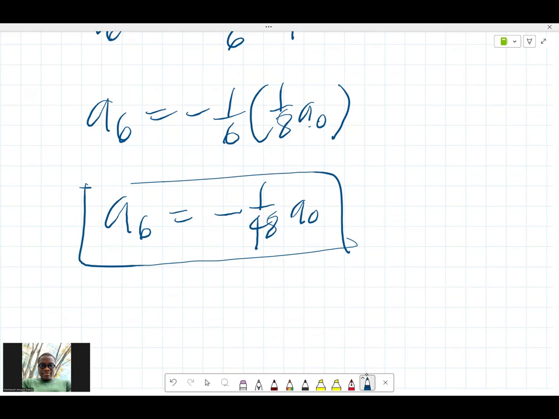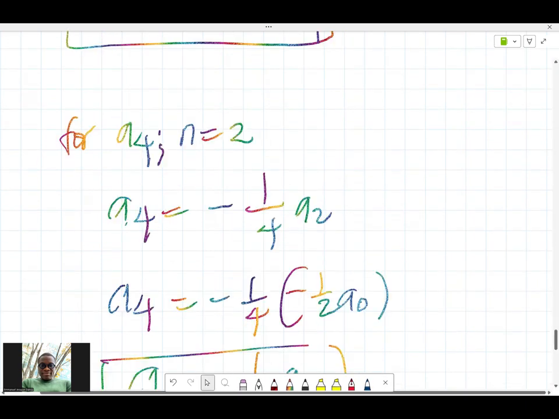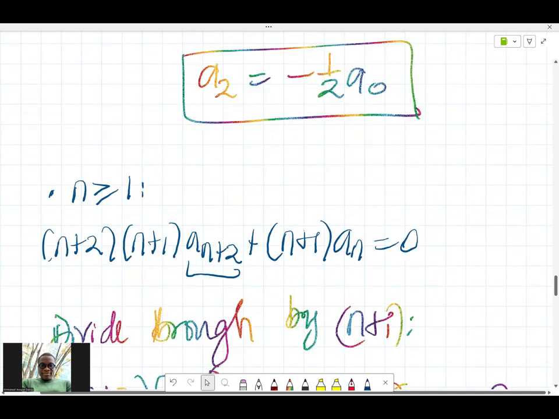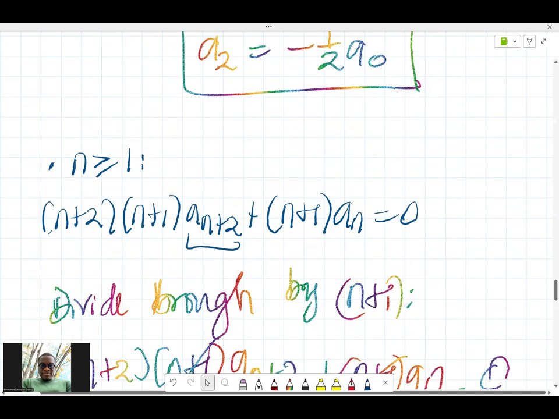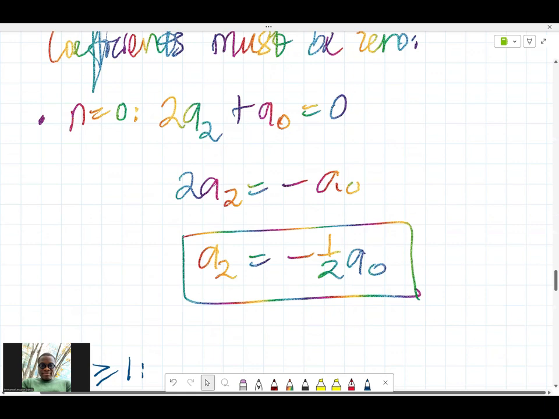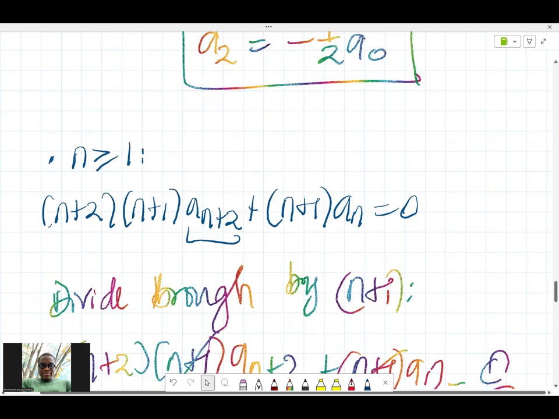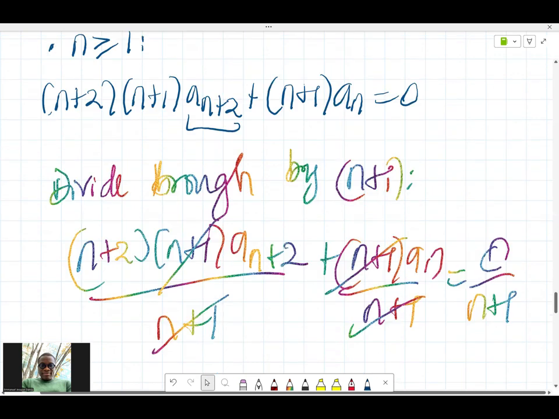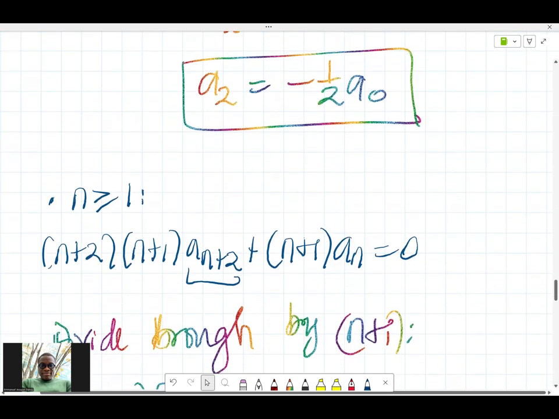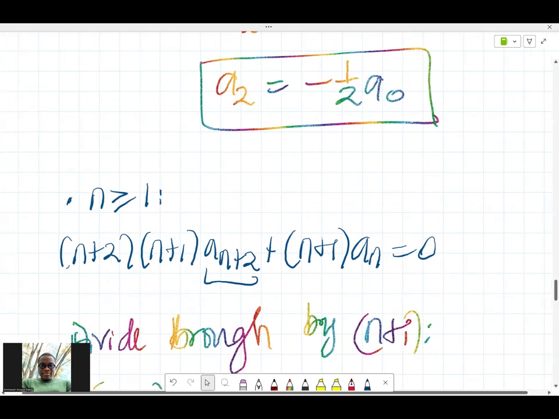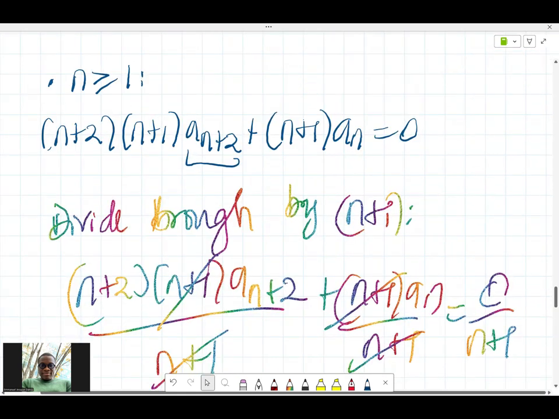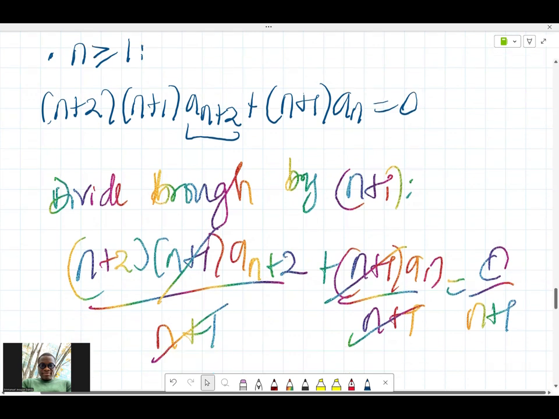So now we can say, is there a way we can get a1 here? Can we get a1? Let me see. A2 is minus half a naught. Can we get, when n is this is an?